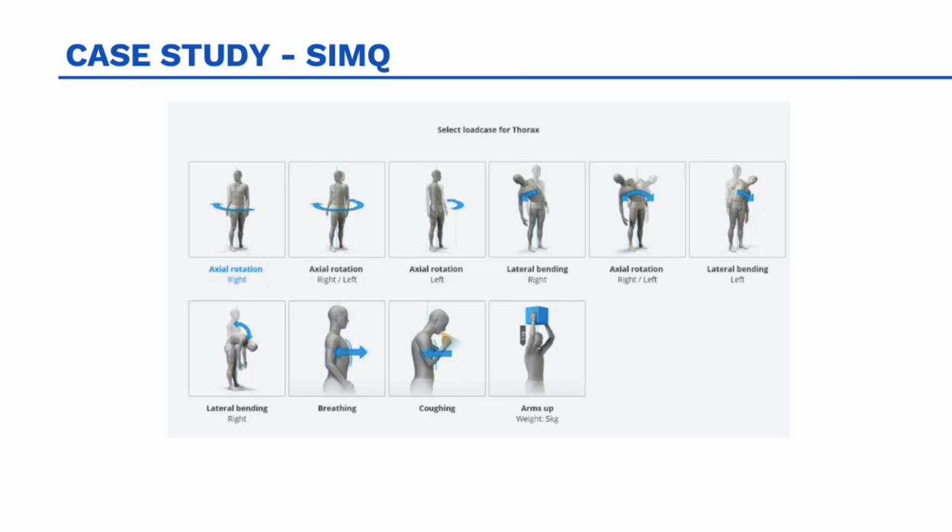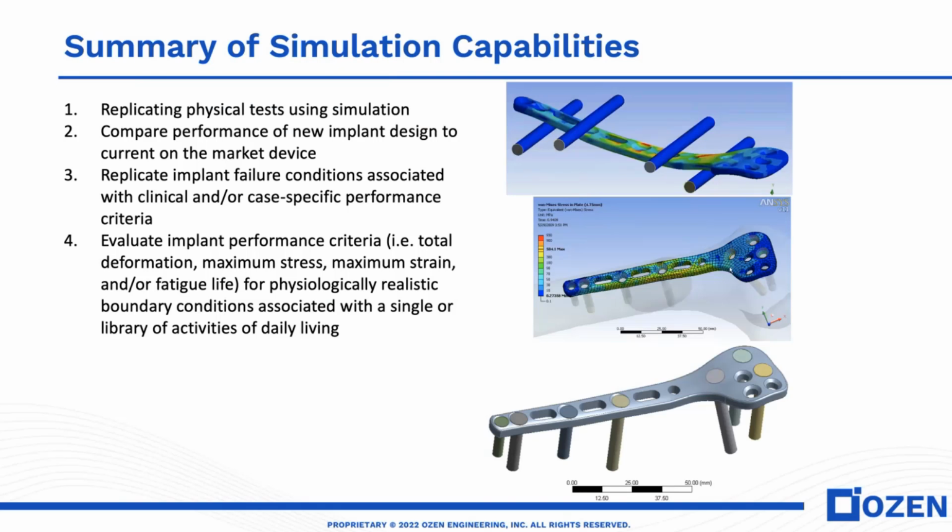So all you have to do is really just specify either the new bone geometry and or the implant, and then you can have it tested for these different activities of daily living. So this procedure is already established and input into their software called SIMQ.